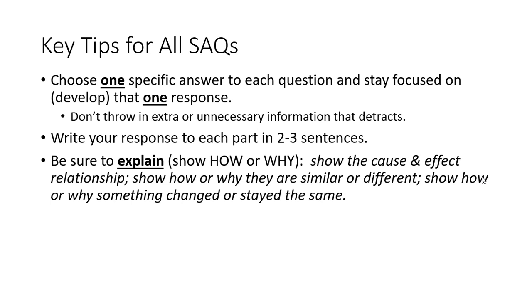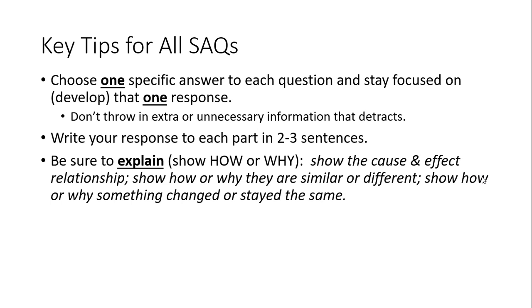If you're asked to explain a cause of the Civil War, it doesn't mean just identify a cause or describe what that means. It means to actually show a cause and effect relationship.